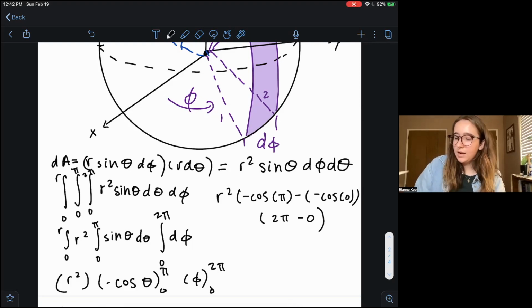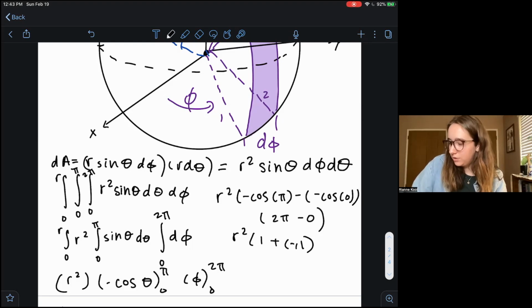So cosine pi is a -1, but we're taking the negative of a -1, which is a +1. So we have r squared 1, and then minus cosine of 0 is 1. We're taking the negative of it, so it's -1.